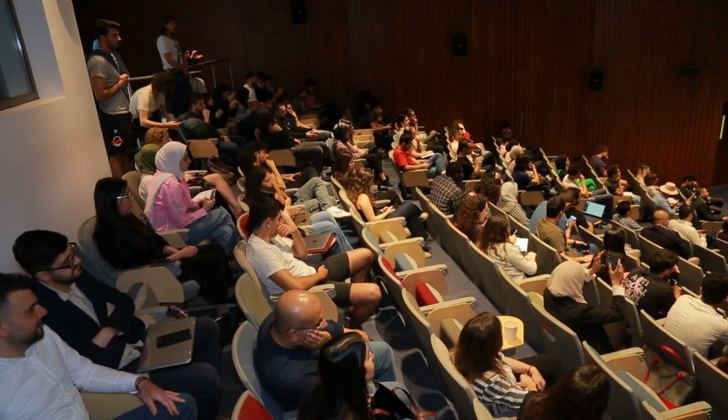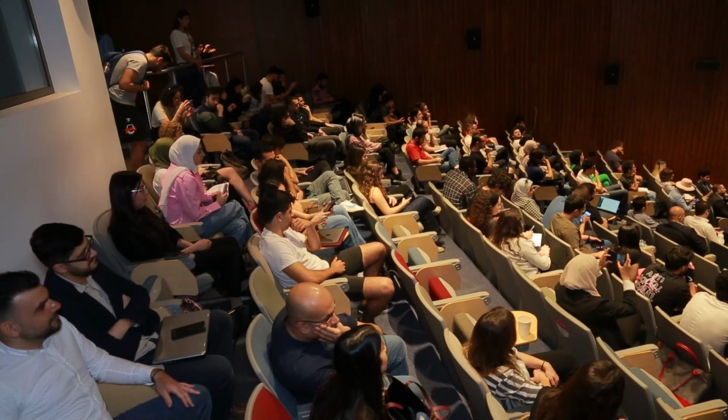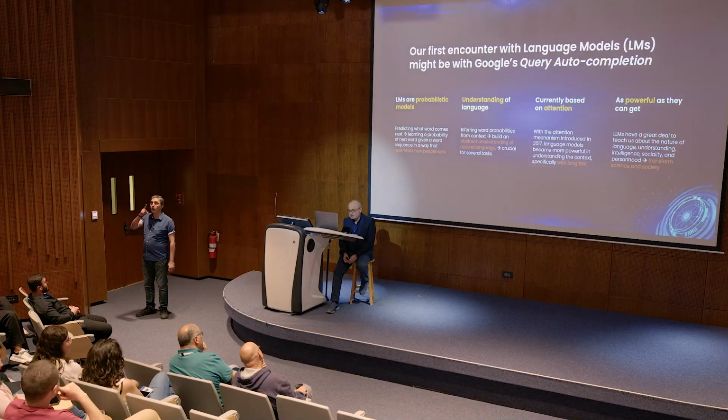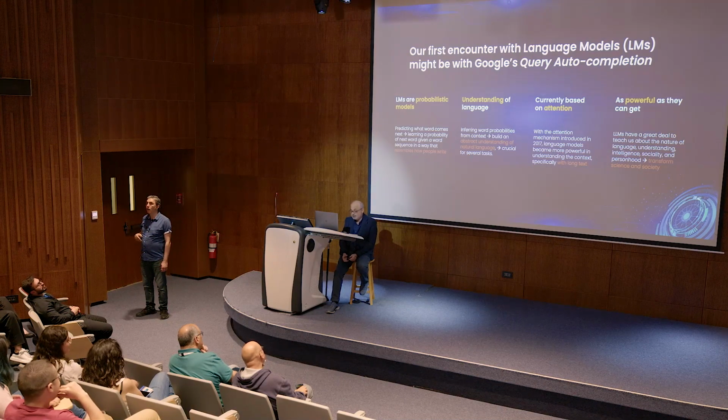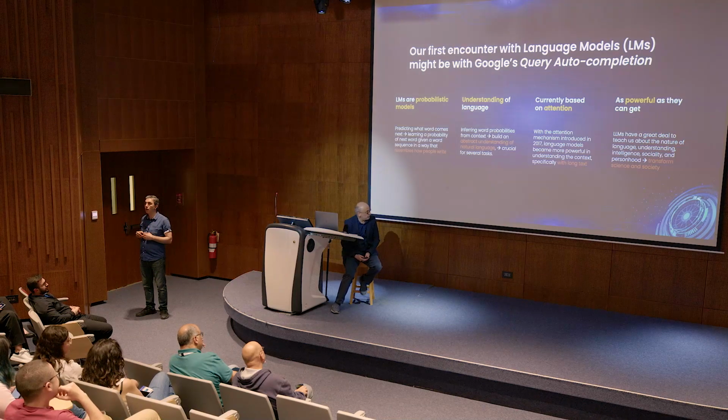The first and easy thing at the beginning was to predict what's coming next given the context, and then things started to improve, inferring word probabilities from a particular context. And the most important thing about transformers nowadays is the word attention.